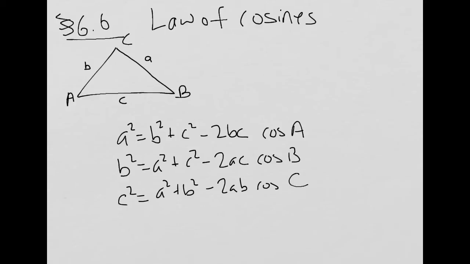So another way of computing these things, let's try a triangle where all we know is the sides and we need to find the angles. So how about a 2, 4, 5 triangle.